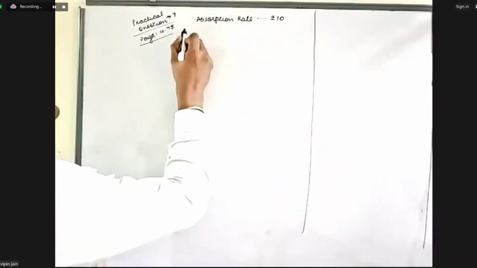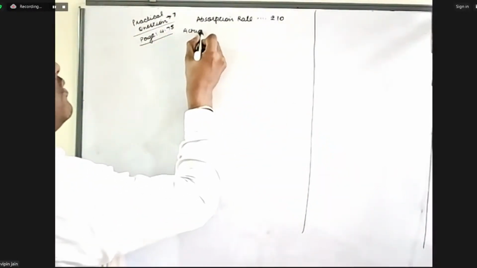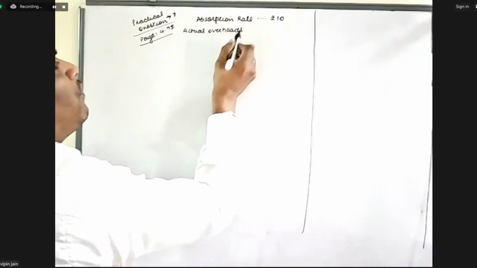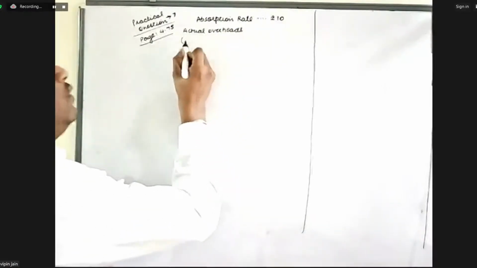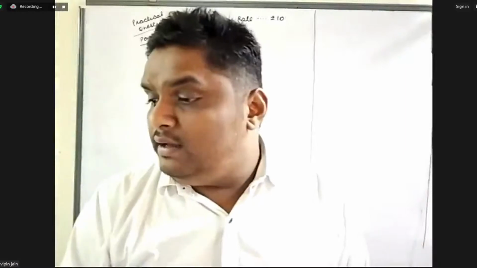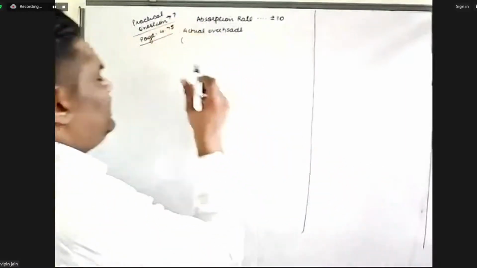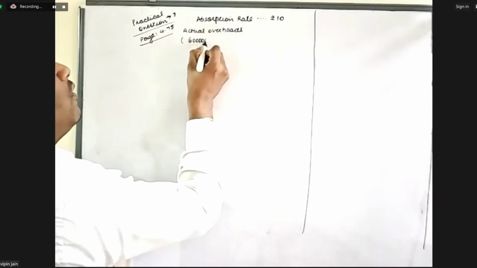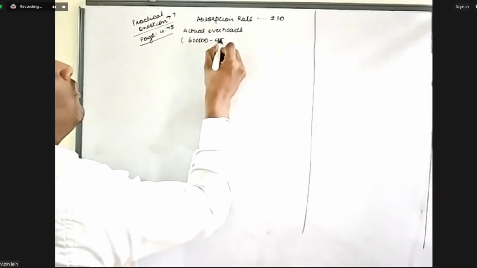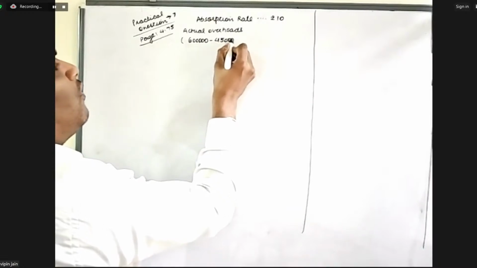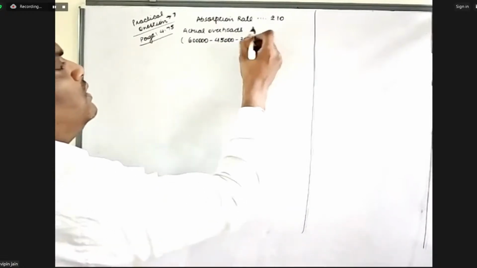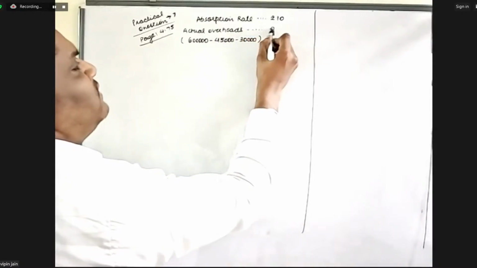So the total actual overheads are 6 lakh. Of this, 45,000 and 30,000 will be deducted, being their normal cost. So this will be 5,25,000.